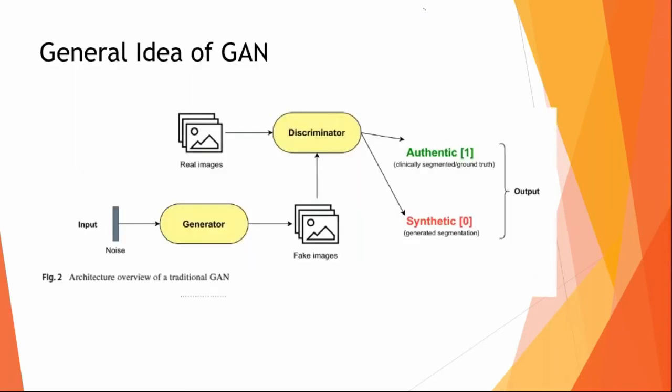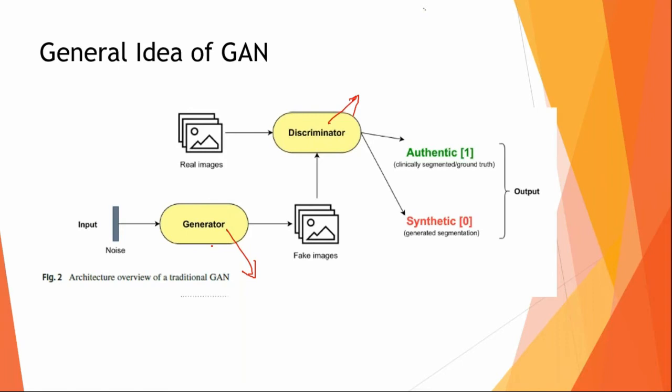Okay. The general idea of GAN is one of the hot research areas. You have patch GAN, pixel GAN, there are so many GANs available. The general idea is it has two different architectures, the discriminator and the generator, and it uses adversarial learning, which means they compete with each other.